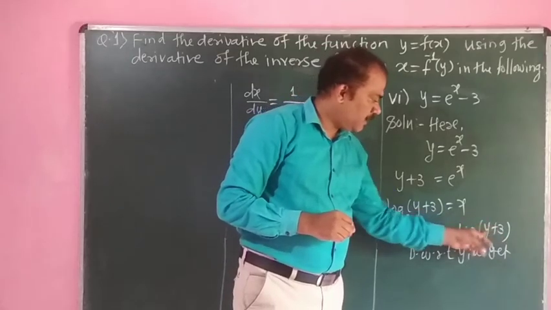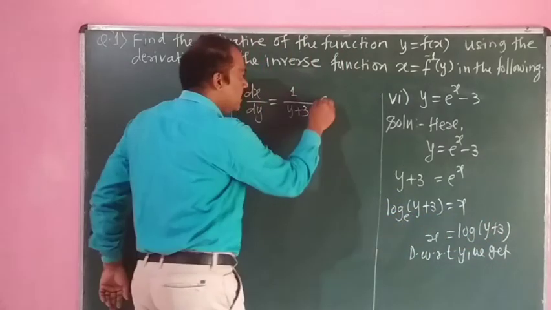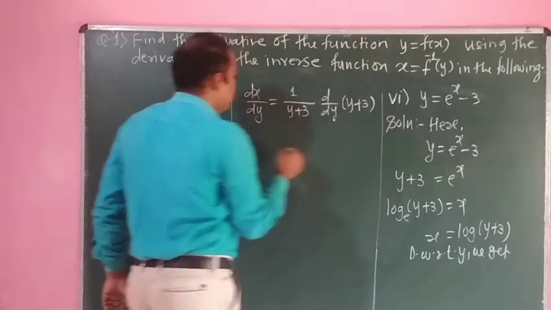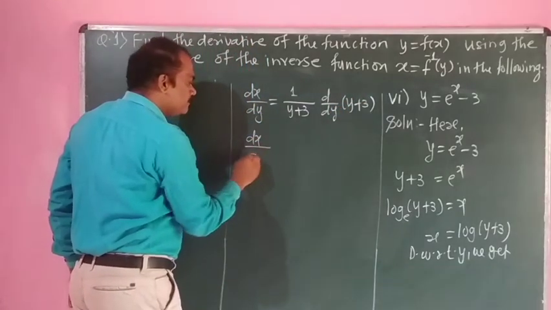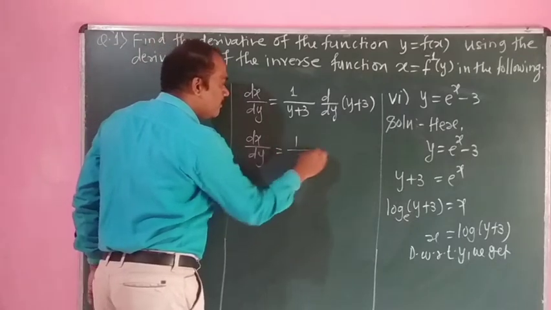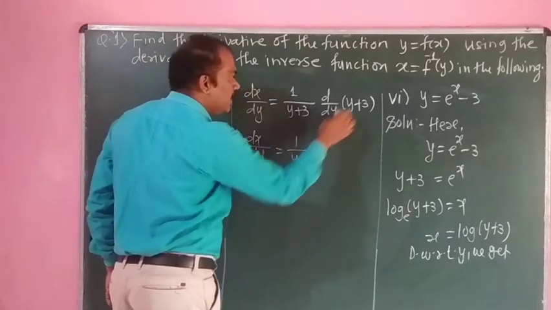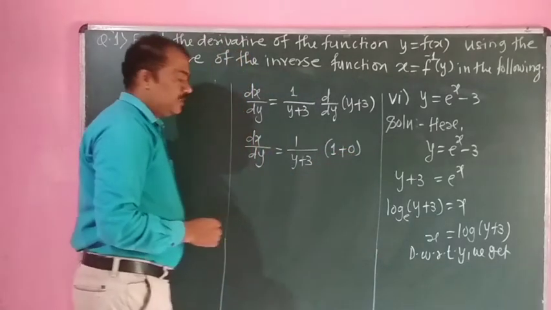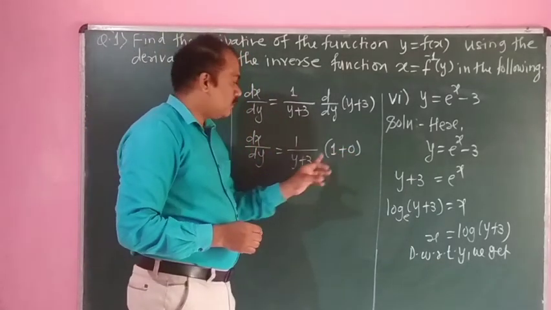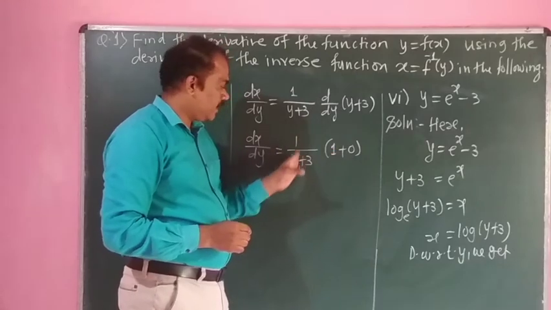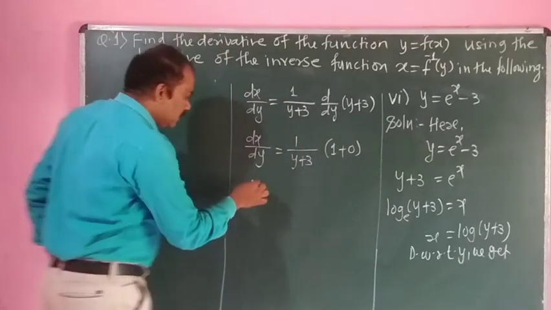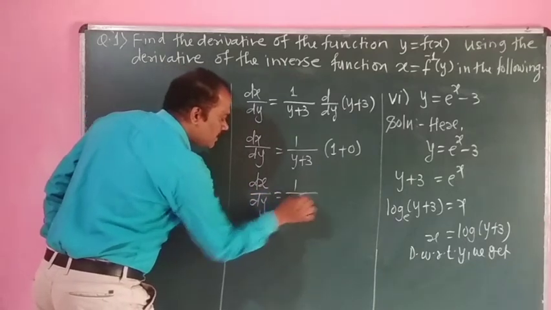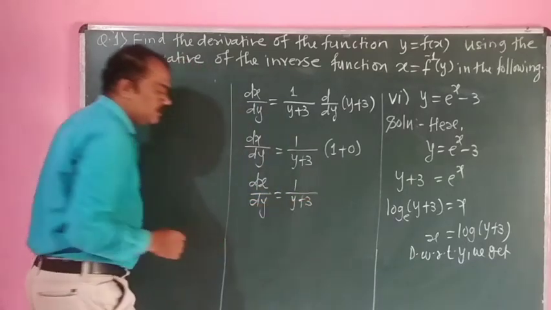Now we take the derivative of y plus 3 with respect to y, that is d/dy of (y plus 3). So dx by dy is equal to 1 upon (y plus 3) into the derivative of y, which is 1, plus 3 is a constant, so its derivative is 0. 1 plus 0 is nothing but 1, so we get dx by dy equal to 1 upon (y plus 3).